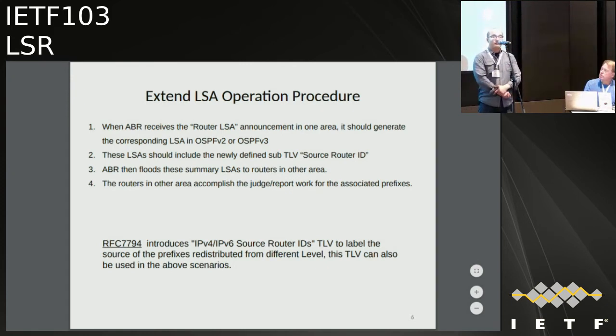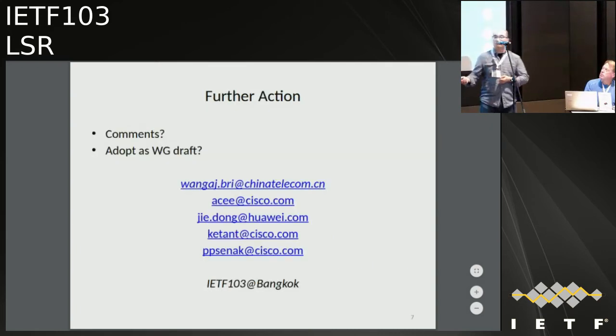Then on the receiver side, the routers in other areas will need to obtain this source router ID information for different use cases as described in the beginning of this presentation. Okay, I think this is a very straightforward extension.